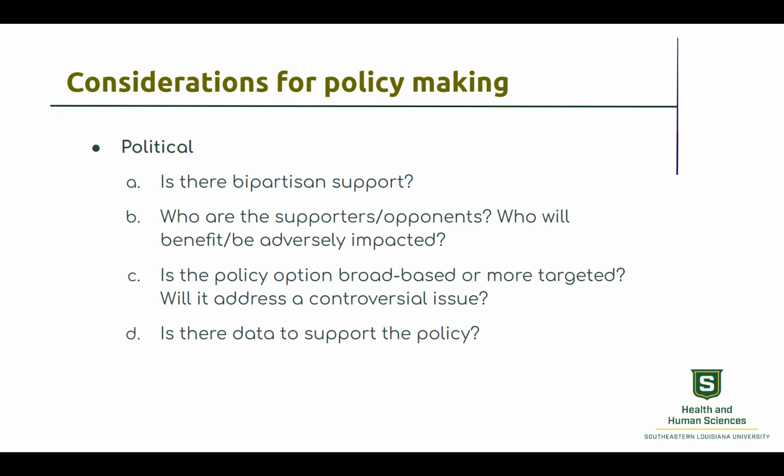So one of the things to consider with that is the political side of it. Do you have bipartisan support? If you're going to cut pharmaceutical costs, you're going to need the support of the pharmaceutical association, because without them, they're going to oppose very strongly.